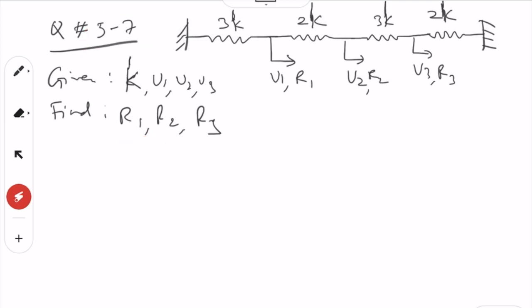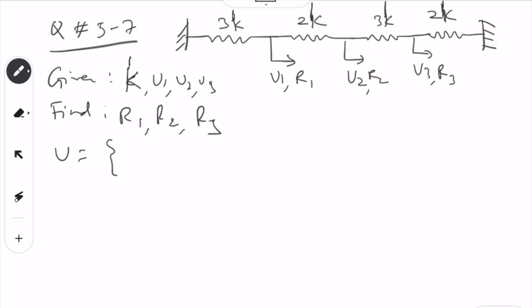So how to find this one? Actually very easy. You start with U and then you will realize which rows you have to keep. So you start with the displacement vector, and this is 1, 2, 3, 4, 5. So displacement will be 0, U1, U2, U3, then 0 again.